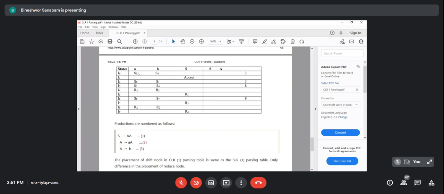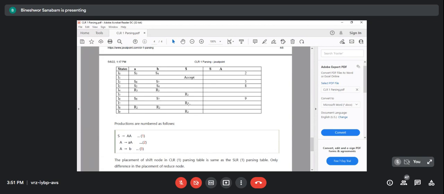Then 3 will again be replaced with 36, then 4 will be replaced with 47. Then 6 is 36, 7 is 47. Again 3 will be 36, 4 will be 47. Then 3 will be 36, and 6 is again also 36, 7 is 47.